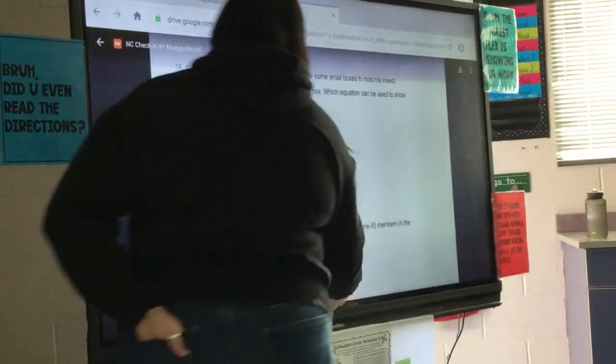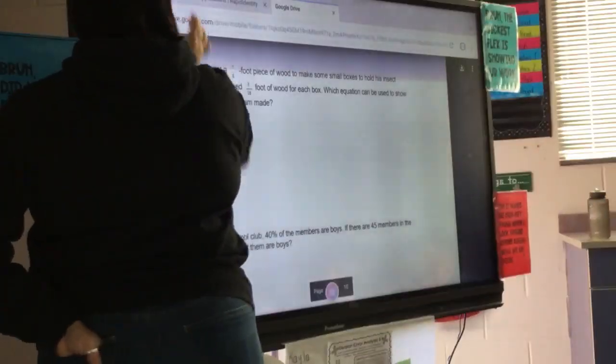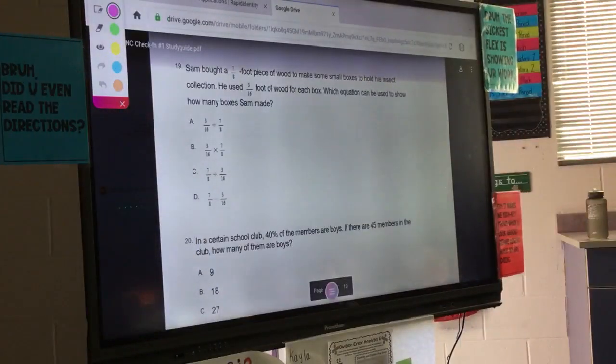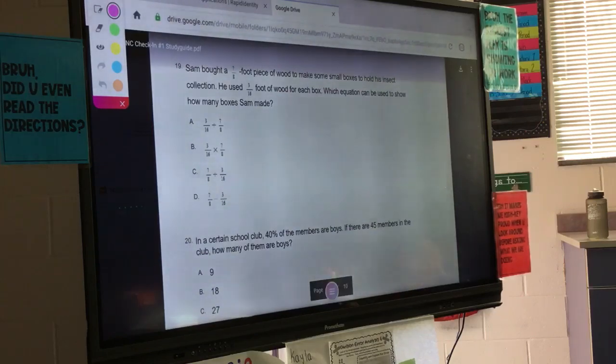This is a dividing fractions question, correct? How do I know this is a dividing fractions question? If you've listened to anything I've told you this year, how do you know this is a dividing fractions question without truly reading the question? Everly? Because it said wants to know. Nope, without even reading the question, just looking at the numbers in that question, how do I know I'm going to divide my two fractions?